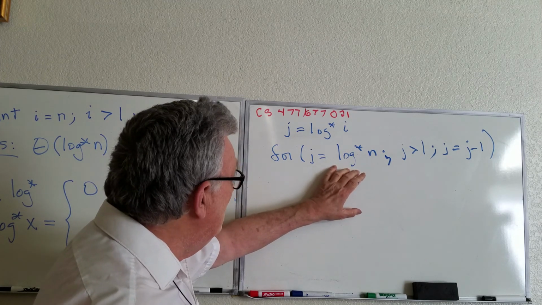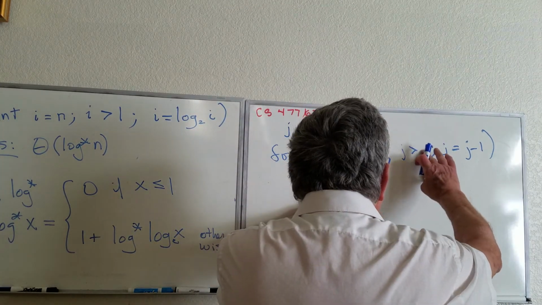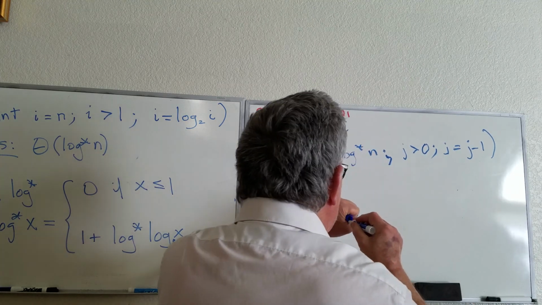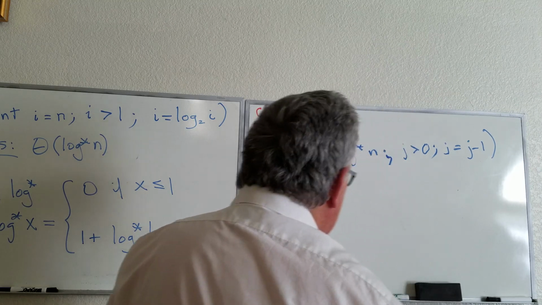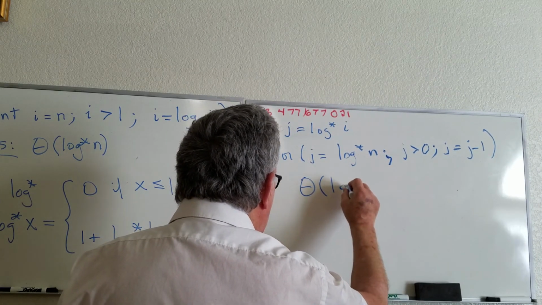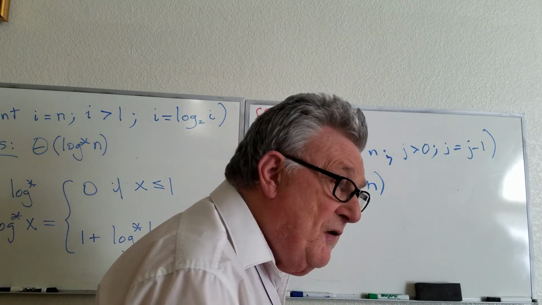Well, actually 1. So I guess this should be 0 here. And the number of times we have to decrease it is equal to that first number here, which is log star n. So the answer is theta of log star n. And this calculation doesn't use anything you didn't already know.